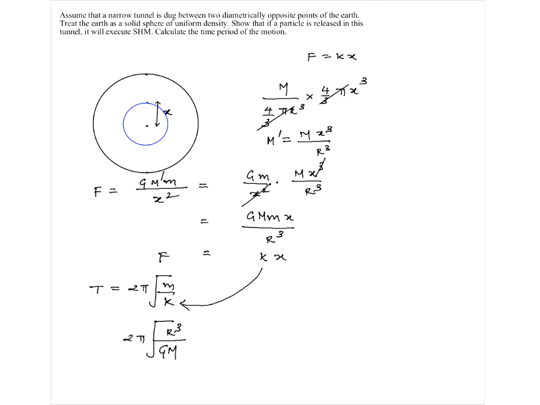There's a private message about the location of the tunnel in this figure. I have taken it as vertical. Let me try to put it on the board. Something like this.